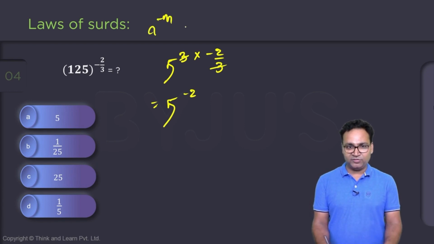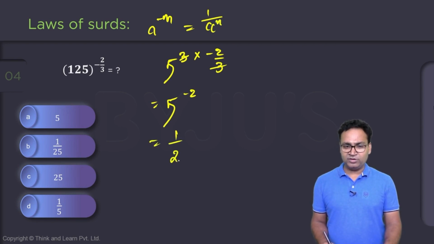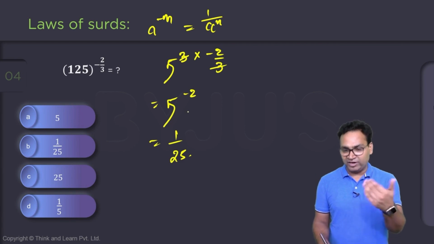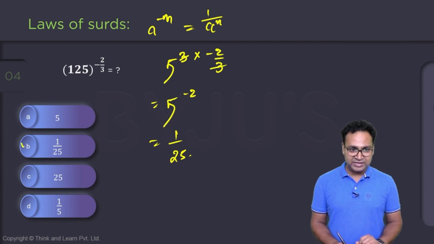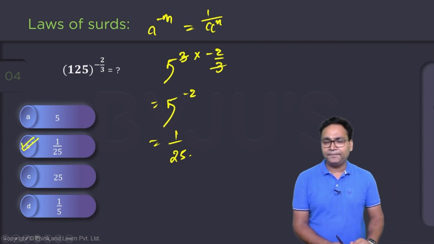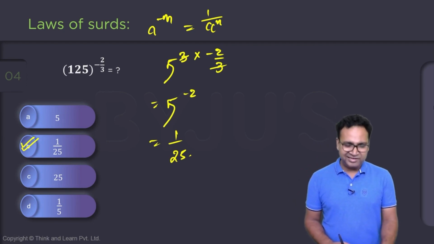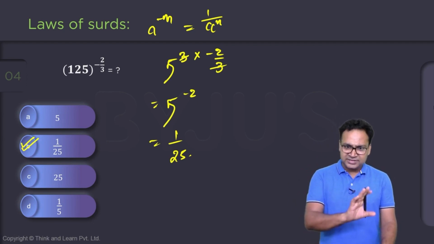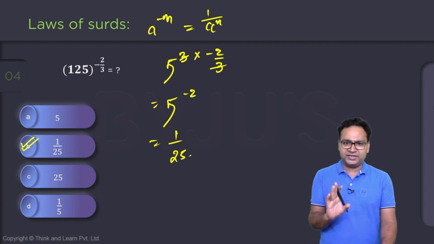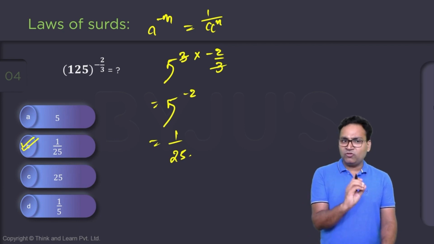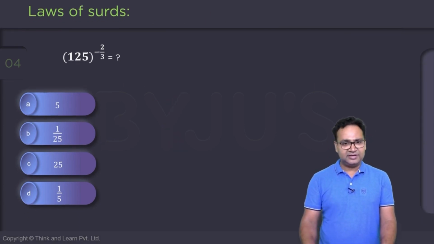What is the meaning of this? 1 upon a power n. So the same thing here: 1 upon 5 square, that is 1 upon 25. So the answer is B for Bombay. Pretty clear, right? And this is clear if you have understood the basic operations of surds and indices. Let me show you another one.